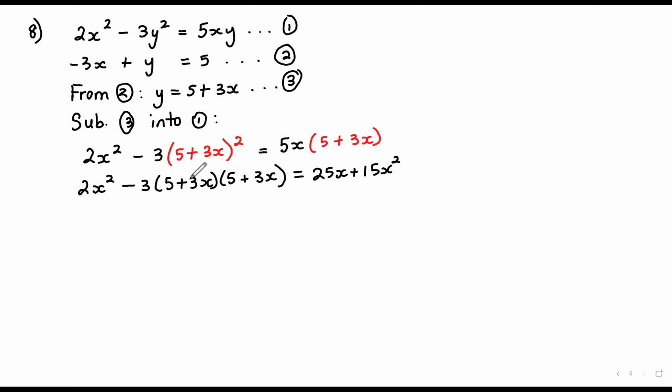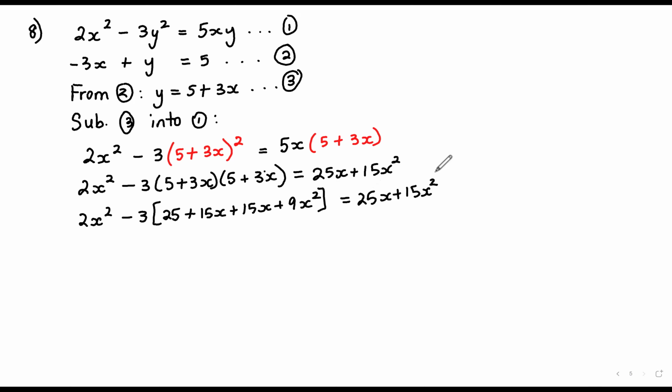Now I'm going to expand my brackets. So this would be still 2x squared, take away 3 by, well, 5 times 5 is 25. 5 times 3x is 15x. 3x times 5 is also 15x, and then 3x times 3x is 9x squared. All of that is still equal to 25x plus 15x squared.